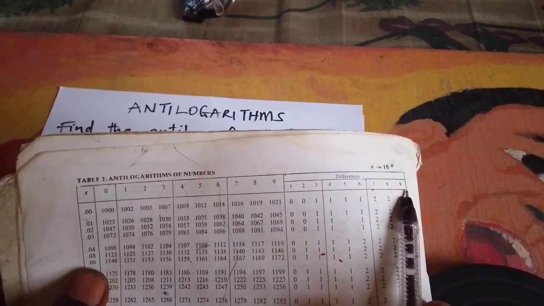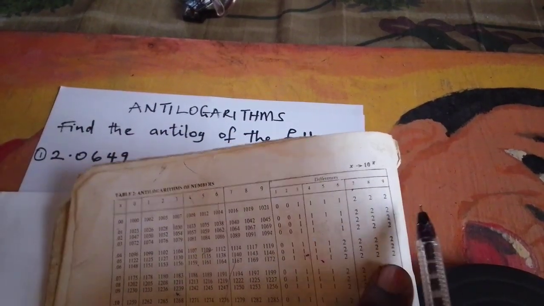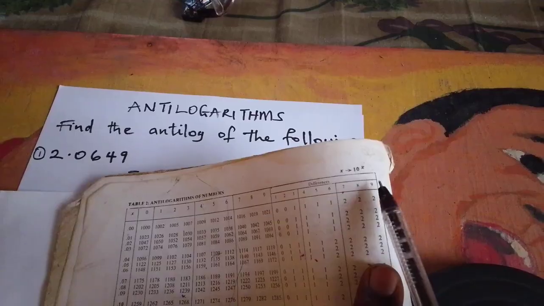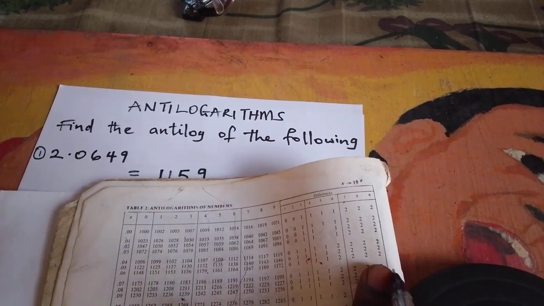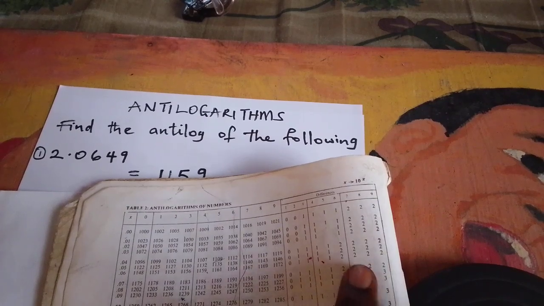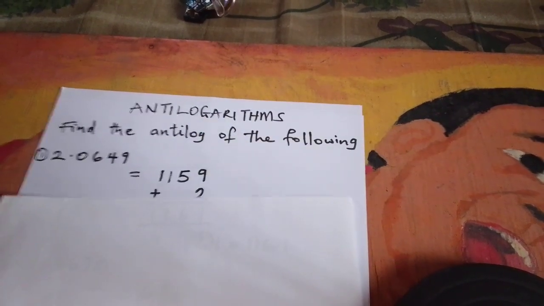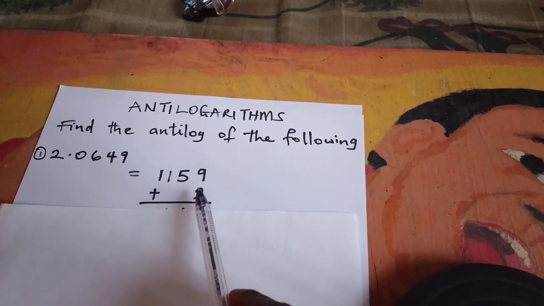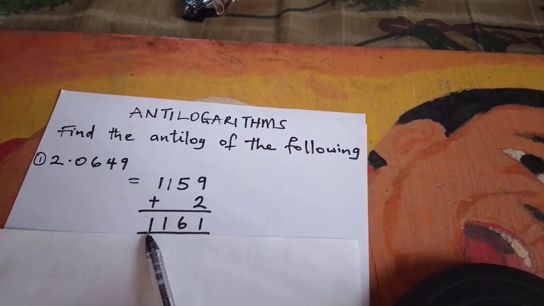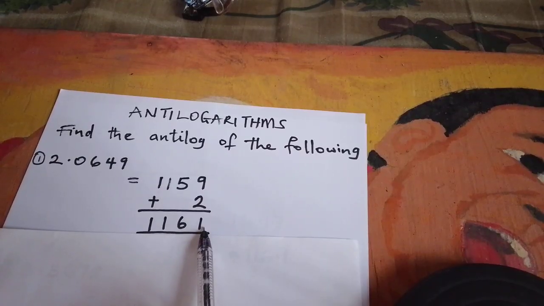Then you trace it to where that 0.6 is. So it is here, and this is 9. If you trace it, the number you have in there is 2. So you are going to add 2 to 1159. When you add 2 to it, you have 1161.